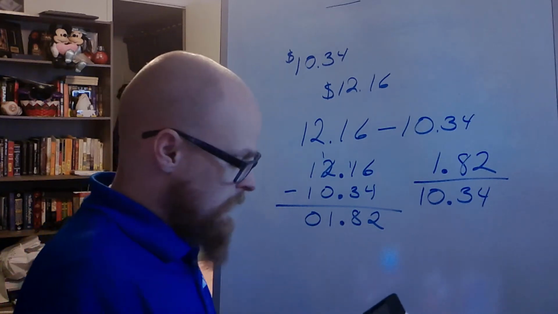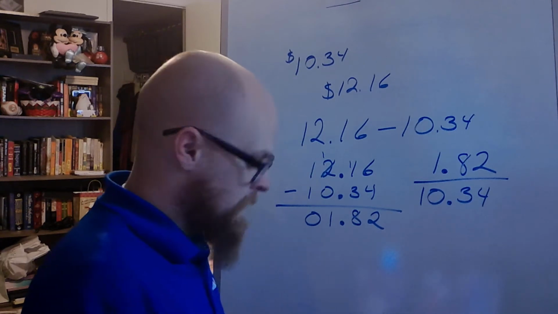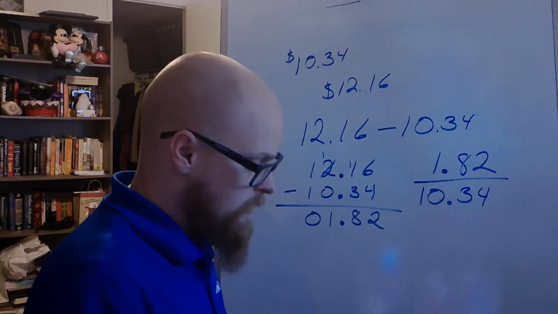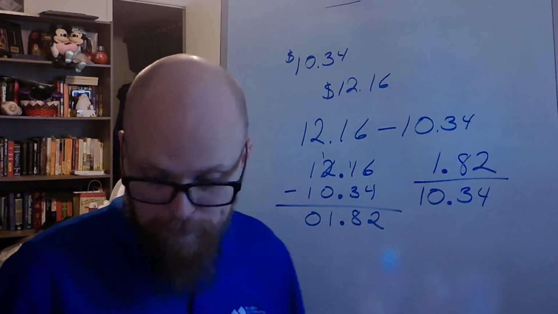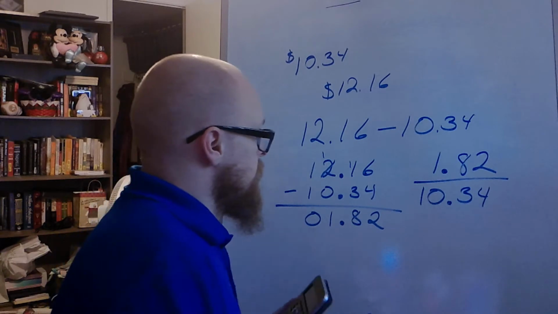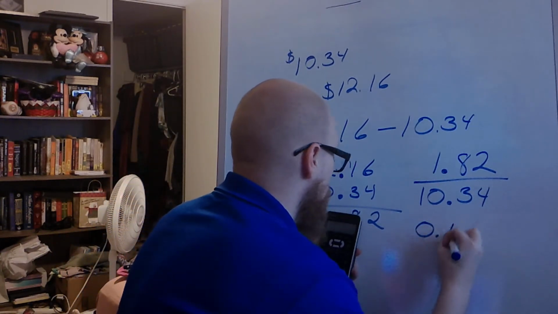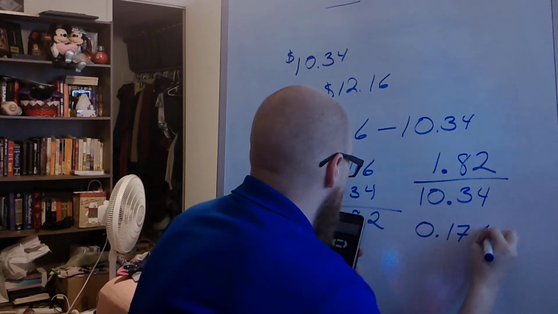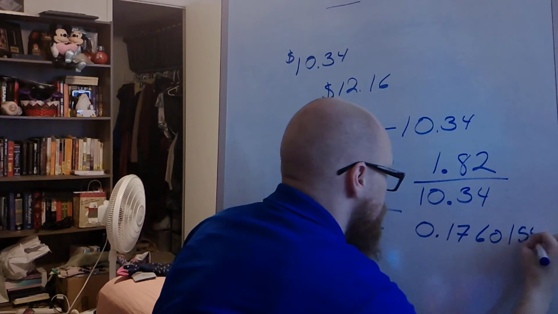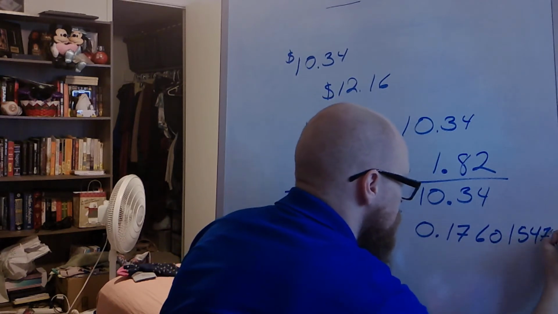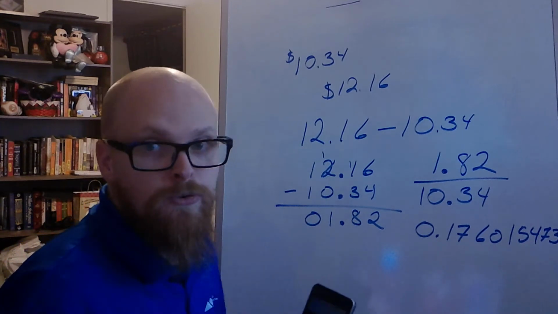So in this case, I've got 1.82 divided by 10.34, which is going to give me, so it might give me a fraction, but I want it as a decimal. It's going to give me a 0.176015473, a very long decimal. Realistically, I only care about the first 3 numbers or so.